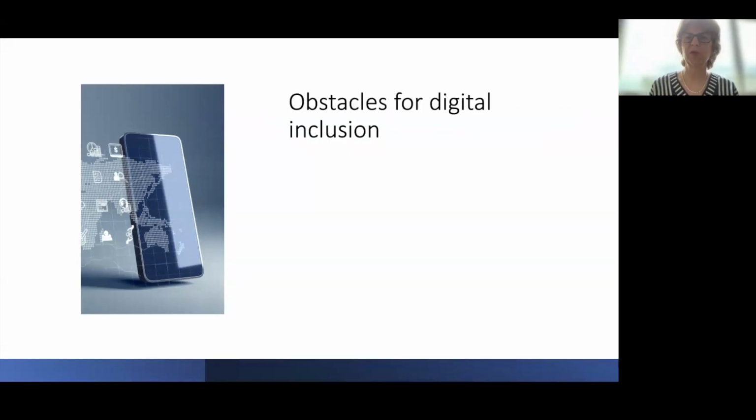But there are obstacles for digital inclusion, and this is what I also asked you about at the beginning of my talk. Some of these include lack of skills, lack of confidence, right? I mean, there are actually people who can use smartphones for different purposes, but they believe that they can't, they don't have the self-confidence to use them.